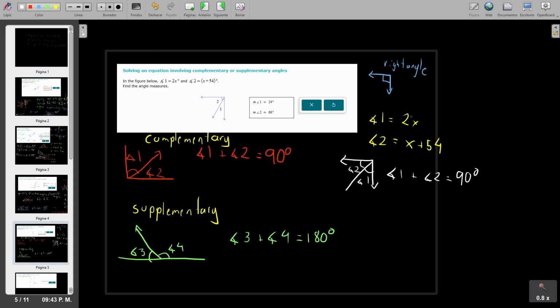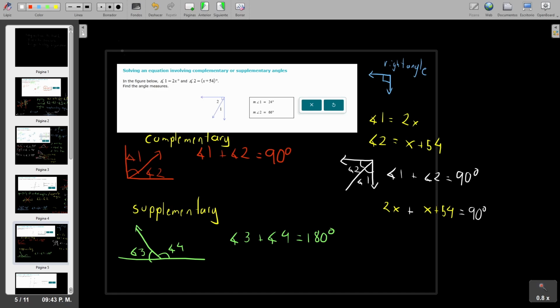We substitute angle 1 equals 2x, so I'm going to put 2x plus how much is angle number 2? That is correct, x plus 54. And how much is that going to be? It is going to be 90 degrees.